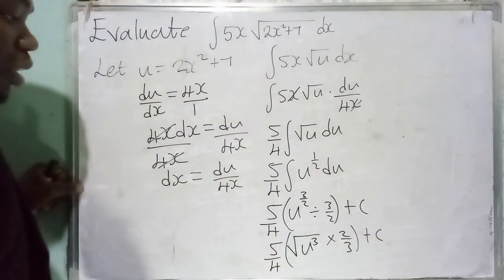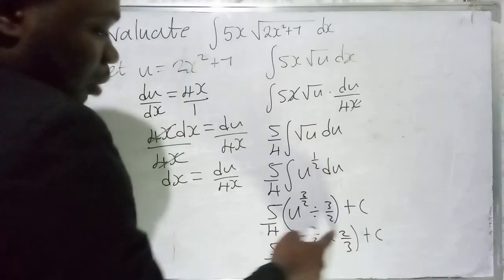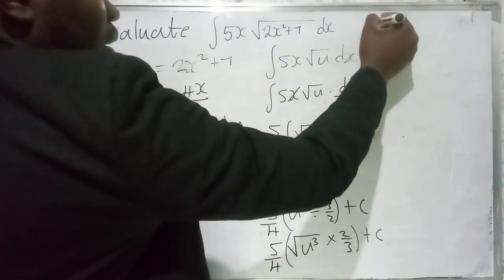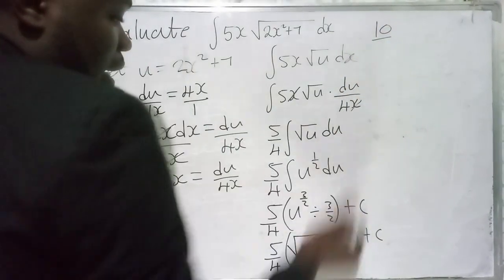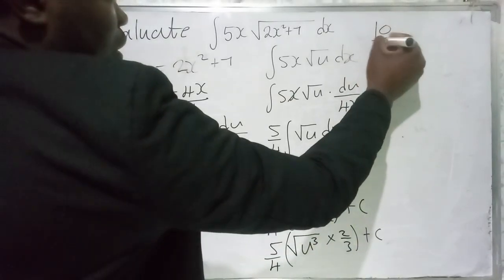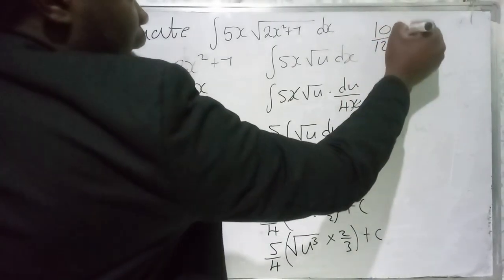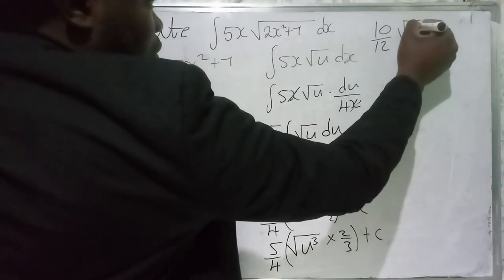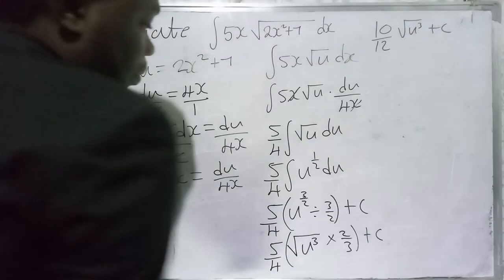Then we multiply 2 by 5, which gives 10, and 3 by 4, which gives 12, so we have 10 over 12 times the square root of u to the power 3, plus c.